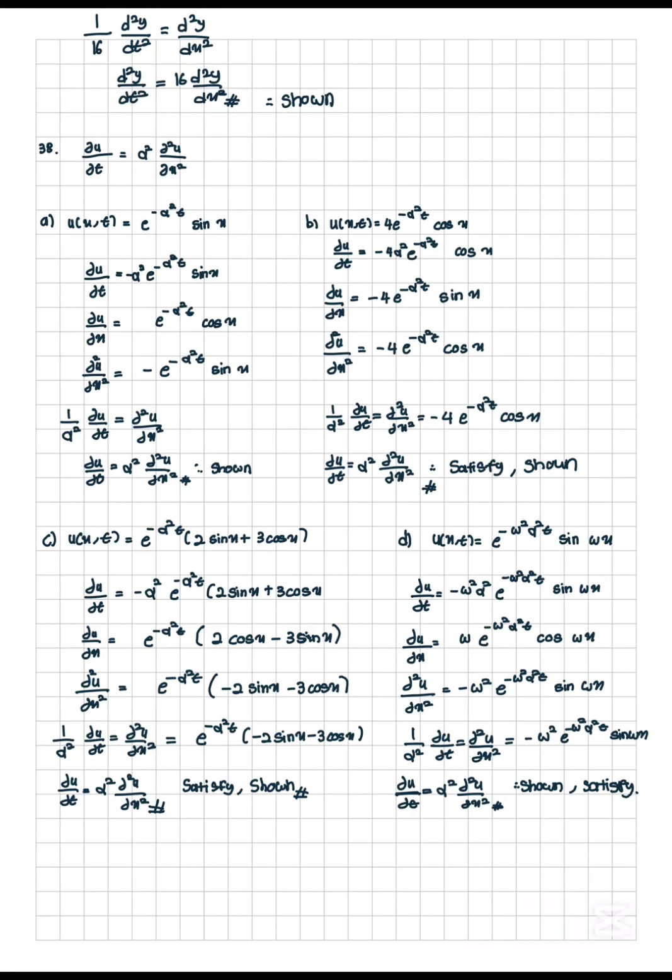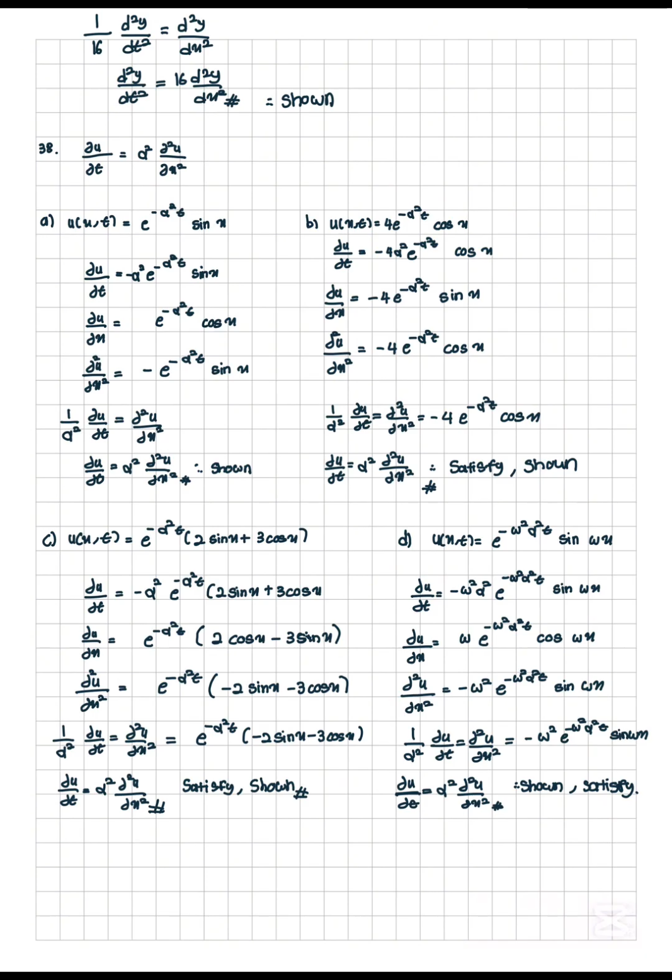For part B, the equation given is u(x,t) = 4e^(−α²t) cos x. So we need to differentiate with respect to t, and we got −4α² e^(−α²t) cos x.